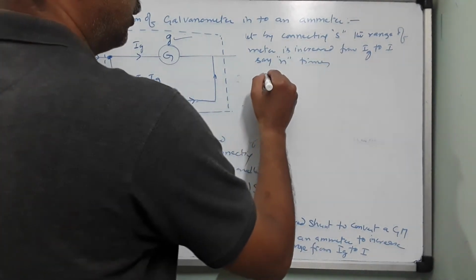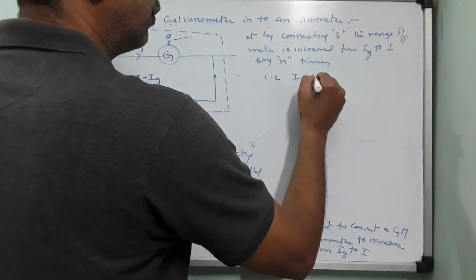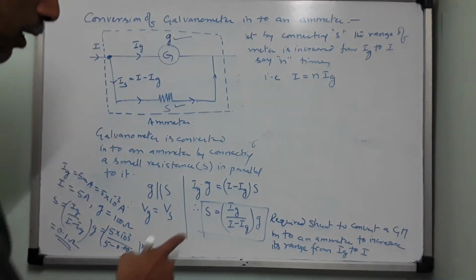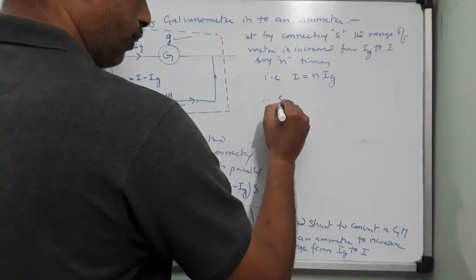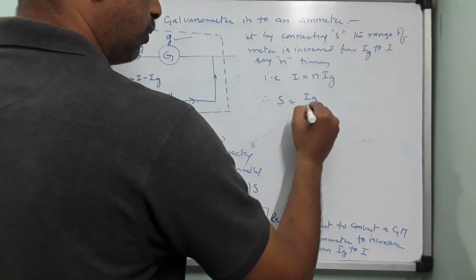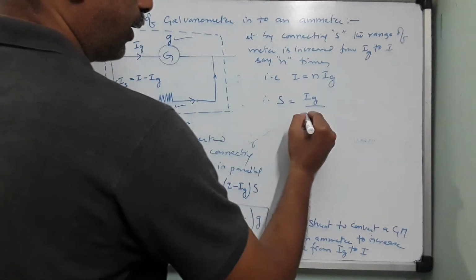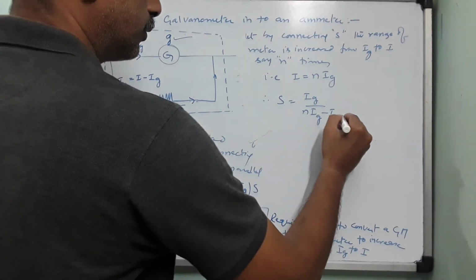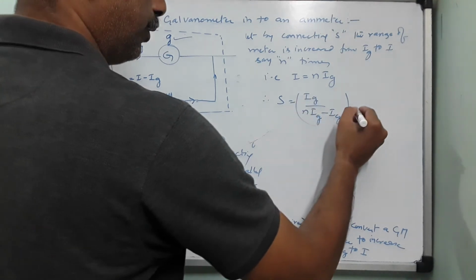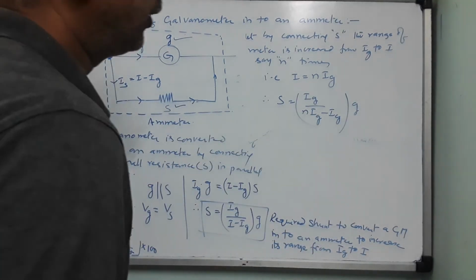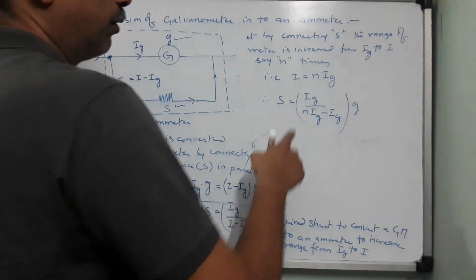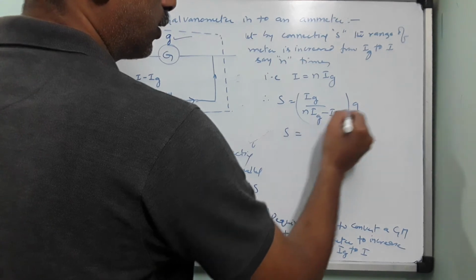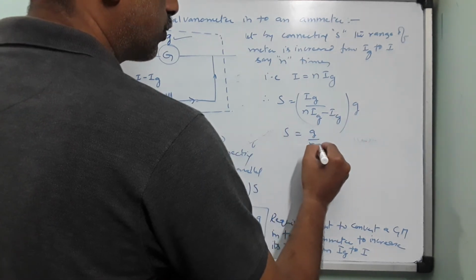So you can write it as I equals n times Ig. Now, therefore, your shunt will become Ig by, in the place of I you can write n into Ig minus Ig as it is, whole multiplied by G. In the denominator Ig is common. So in the numerator Ig is there. So S equals 1 by n minus 1 into G, G by n minus 1.